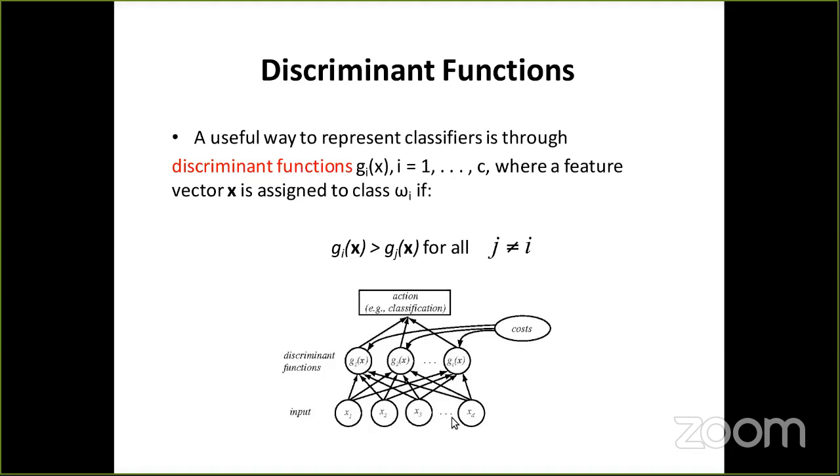We have d features, x1, x2, x3, up to xd, so the feature is a vector of d dimensions, and then we have g1, g2, g3 up to gc. These are our c discriminant functions, and each of these functions takes as input all the features. So g1 takes as input all the features, g2 also takes as input all the features, and so on.